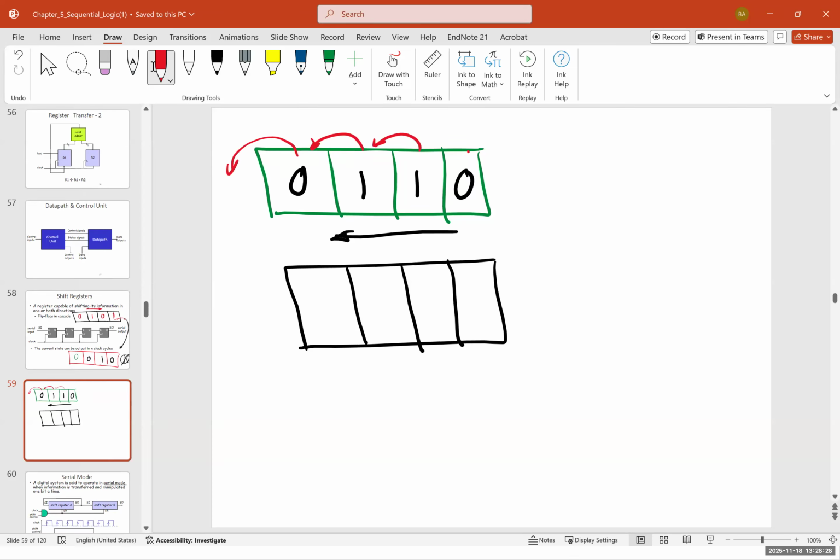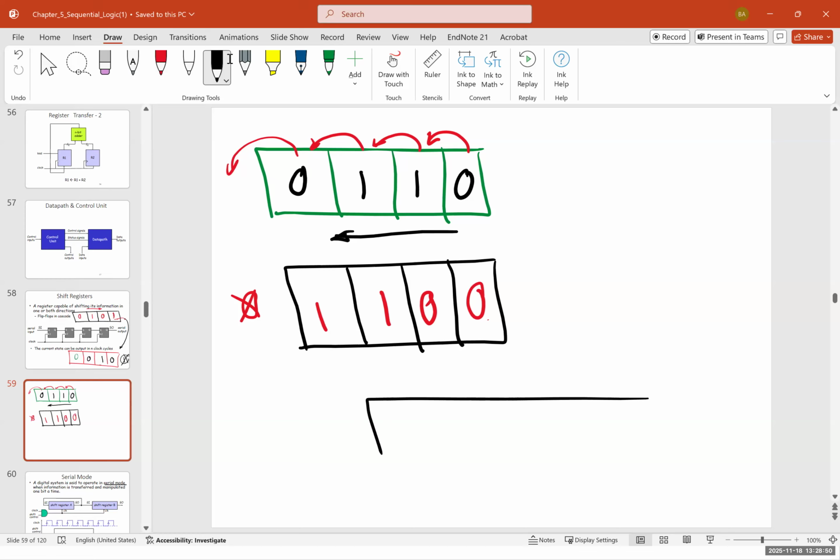Each bit is going to be shifted 1 to the left: 1, 1, 0, 0. The last one, which is empty, we fill with a 0, and the leading 0 falls out. So this is a shift left, or left shift register.